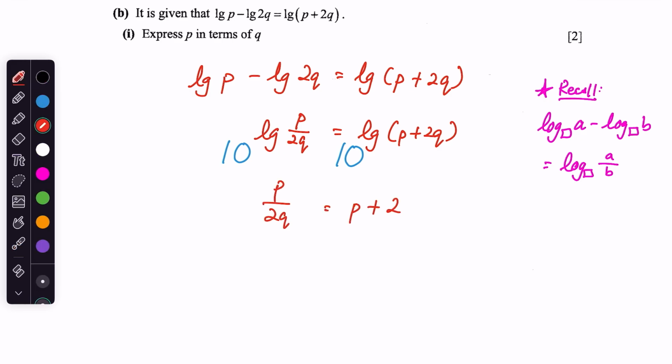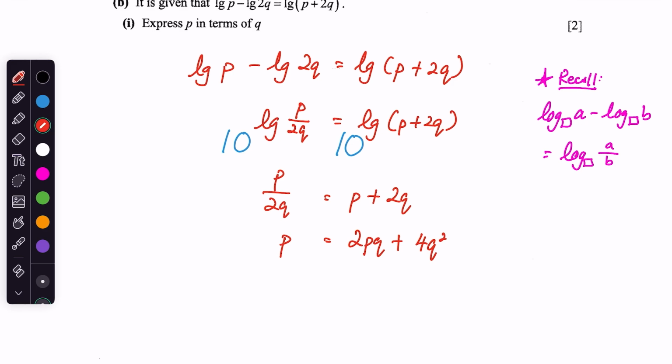I want to express P in terms of Q. So what I'm going to do is just multiply by this 2Q on both sides. I'll get P equals 2PQ plus 2Q squared, so 4Q squared. I'm going to bring all the P's to one side. So this will be P minus 2PQ equals 4Q squared. Factorize out the P, so I'll get this.